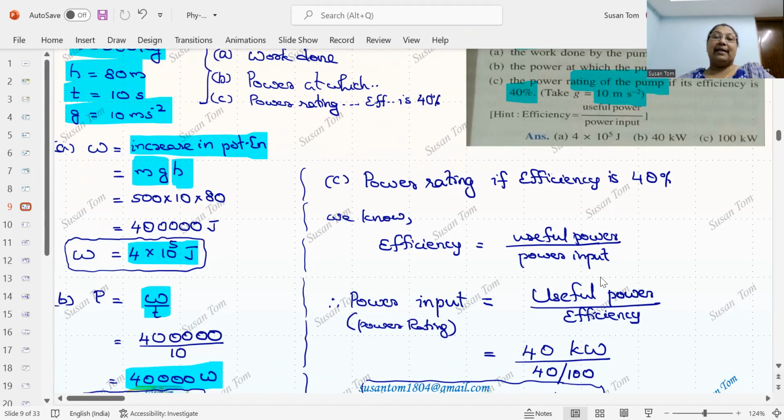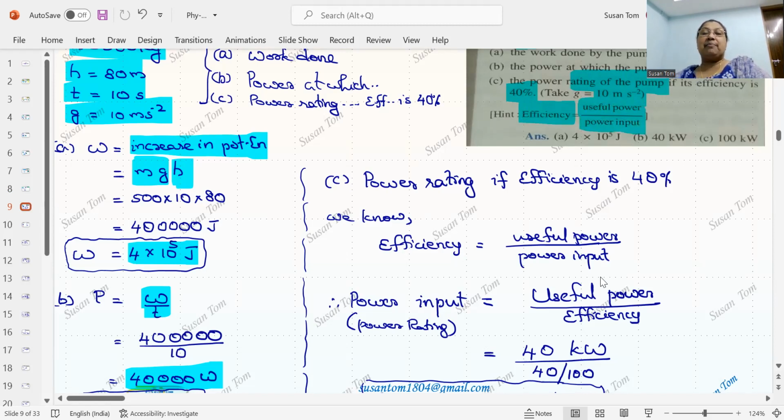Energy spent was fully used to do the work. In this case, only 40% of the energy supplied is being used into output, or we say the power output.